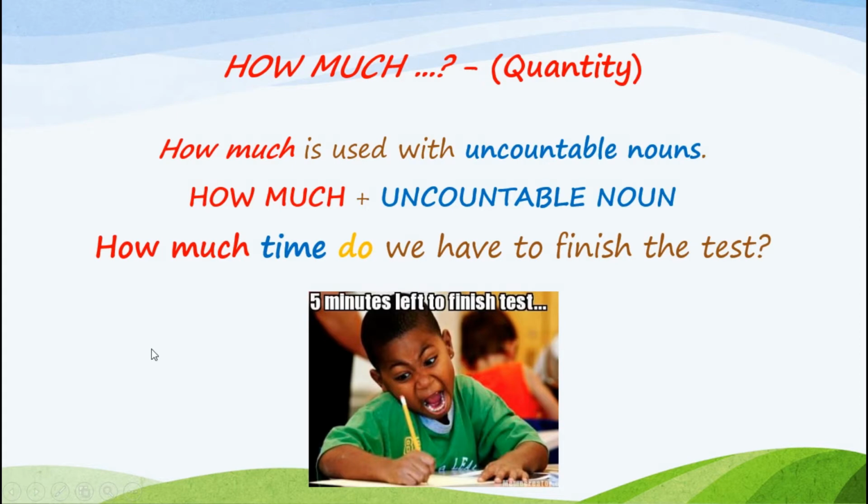And here we have an example of a sentence. How much time do we have to finish the test? Look, we use how much and an uncountable noun that is time. We can't say 1 time, 2 times, 3 times. No, that's incorrect. We can just say time. That's why it's an uncountable noun.